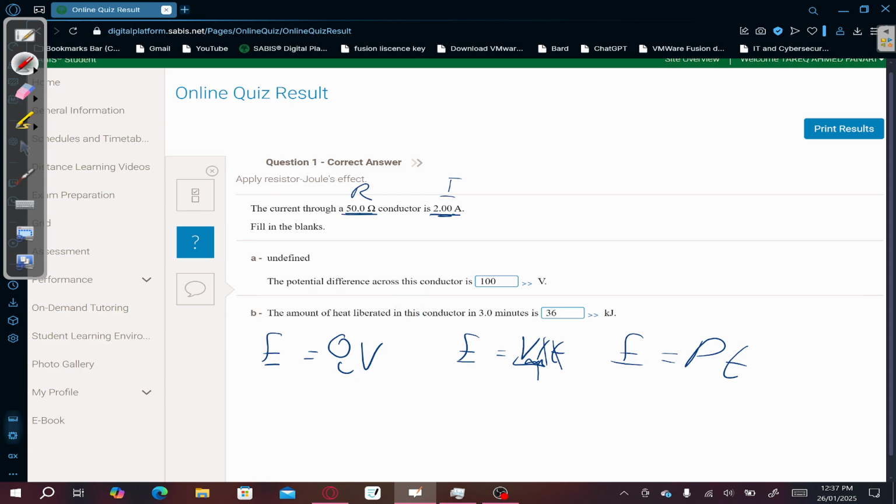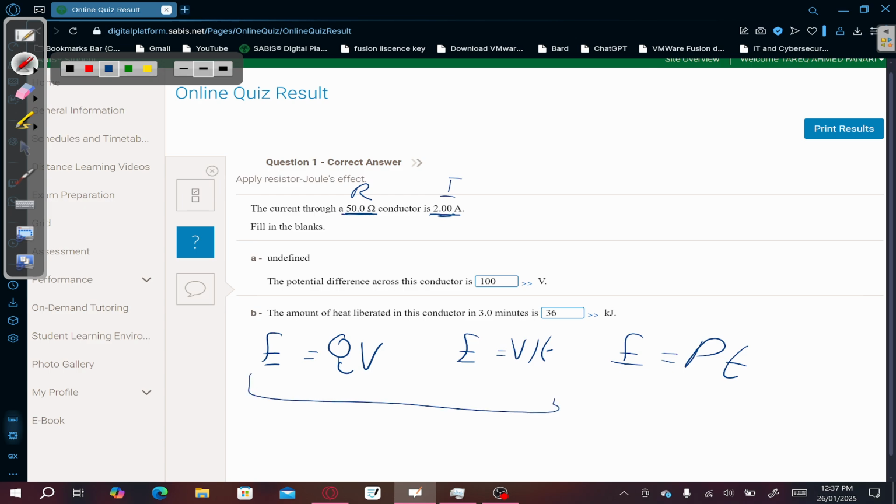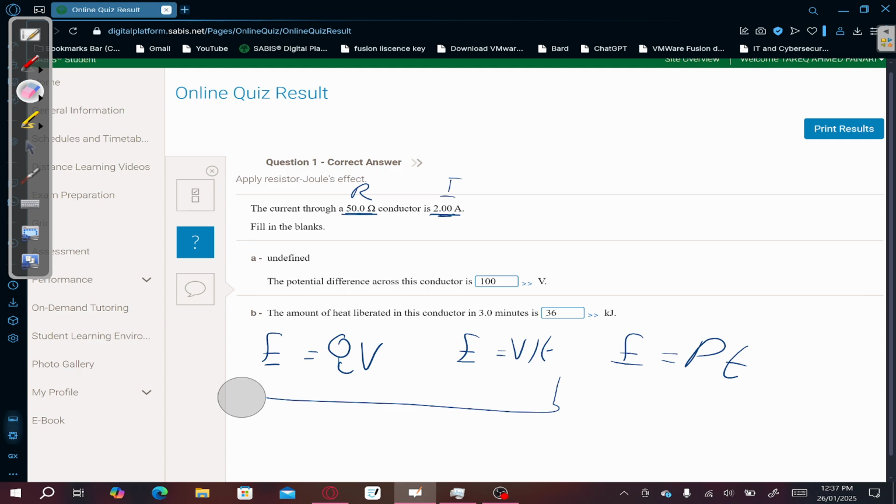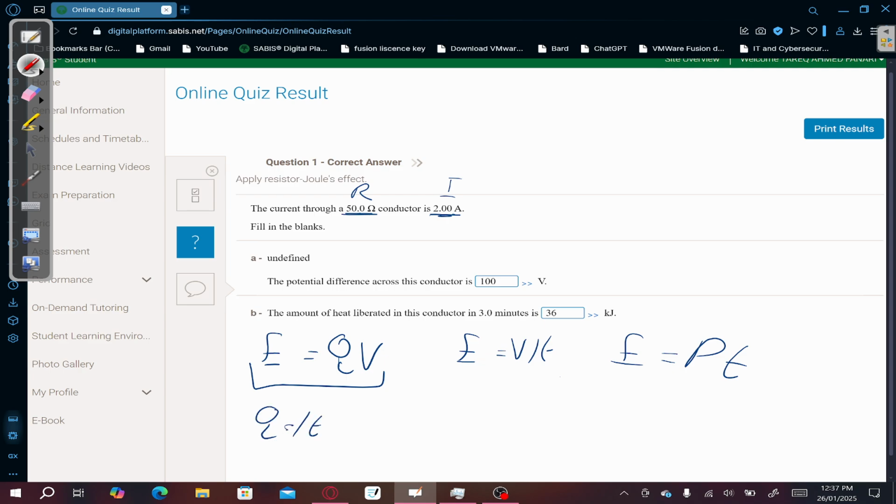Now, when will you use each of them? So let me just erase this and make it better. VIT. When will you use these formulas? Now, you can use these two in any case, right? Because in most cases, preferably use this when they give you the charge. However, you can find the charge Q equals IT straight away, and it's very easy, right? But most of the time you should be using these two, and specifically this one, okay, since it's the quickest.